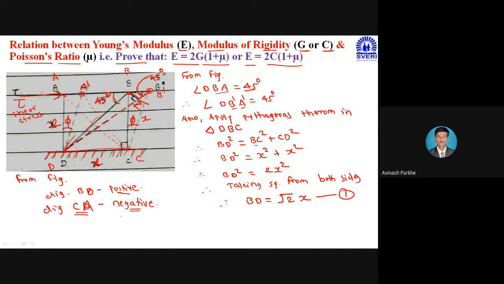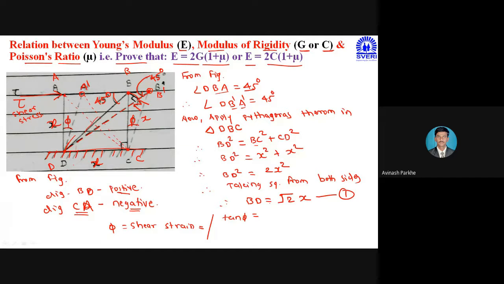Now, shear strain phi. If I have to calculate the shear strain from this figure, this phi angle is present in the figure. So if I apply the tan rule, what will be the value of tan phi for the calculation of shear strain?